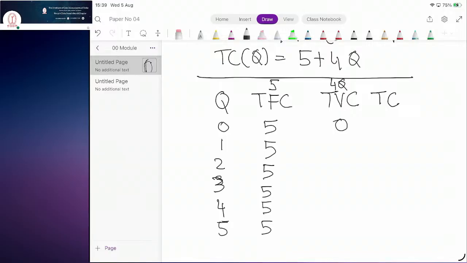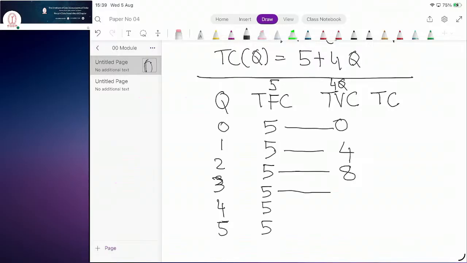What about when quantity is 1? 4 into 1 will be 4, correct? Next, what will it be? 8, right.